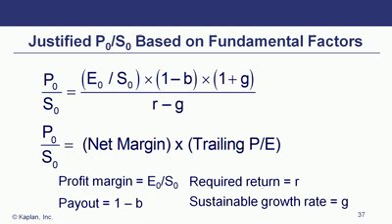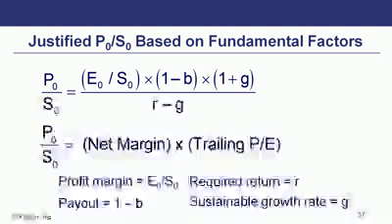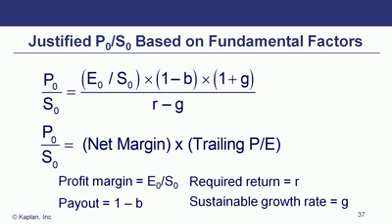Now, if we look at the justified price to sales based off of fundamental factors, you'll notice that this is also still some complex algebra. You can still see the Gordon growth model here. Because remember, this is your payout ratio.